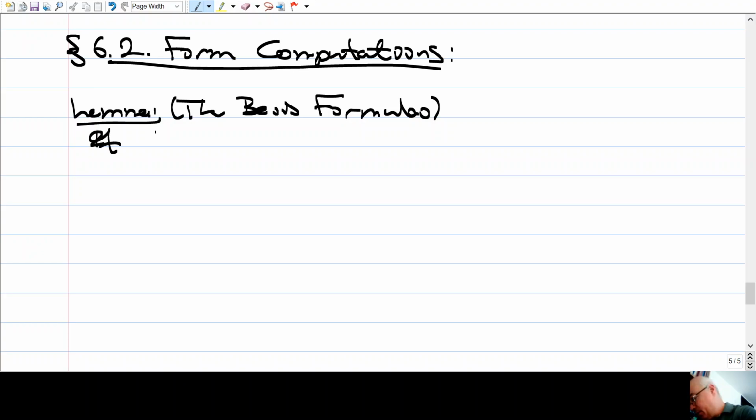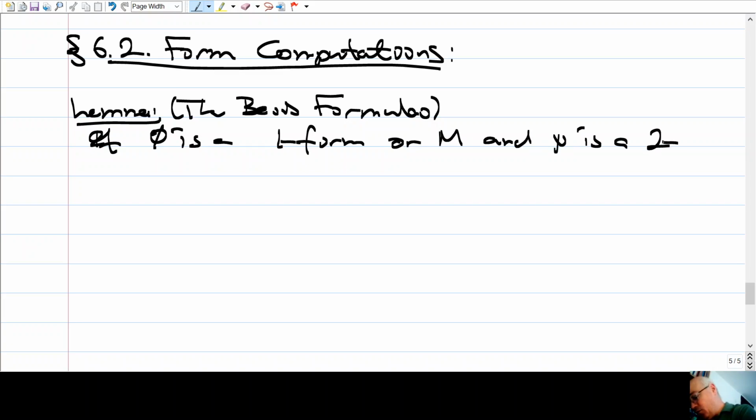If phi is a one form on M and nu is a two form on M, then we have this.